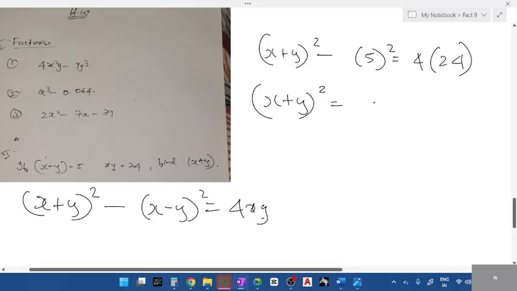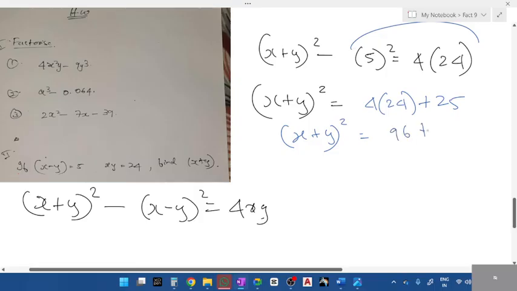Yes, what's the answer, students? Not minus. If minus goes to the other side, yes. How much is 96 plus 25?